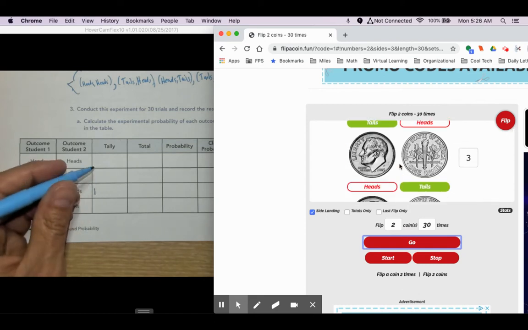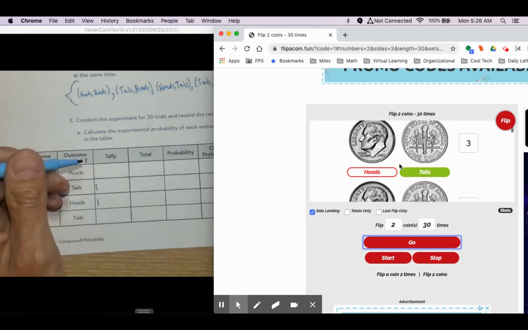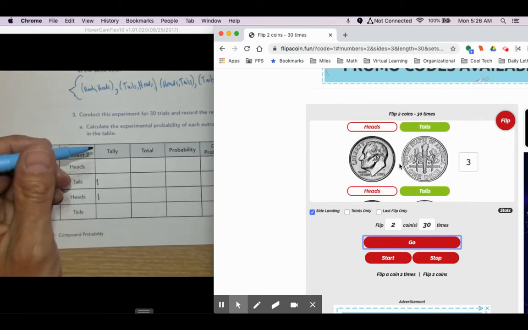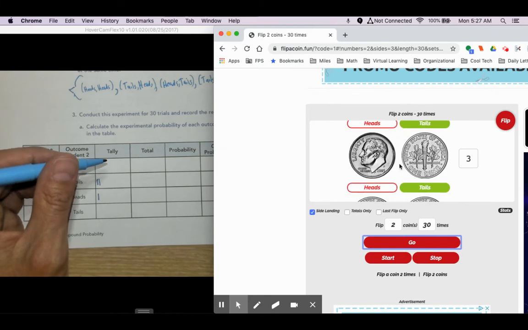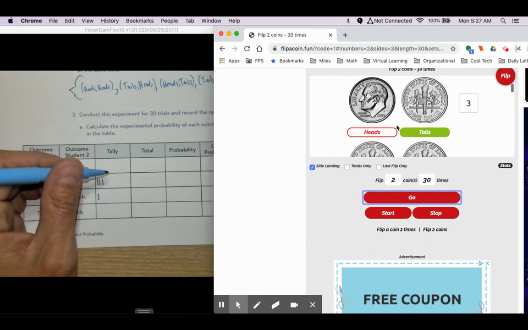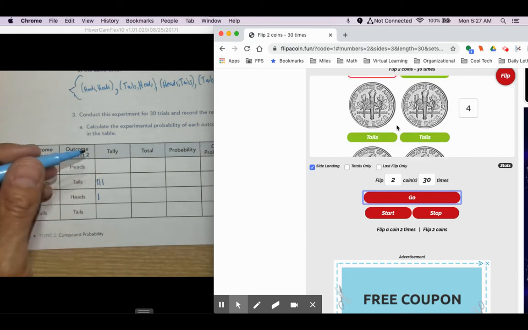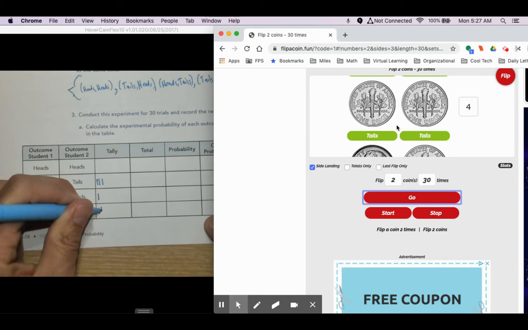We have heads and tails. Heads and tails. Heads and tails. Oops. Tails and tails. Tails and tails.